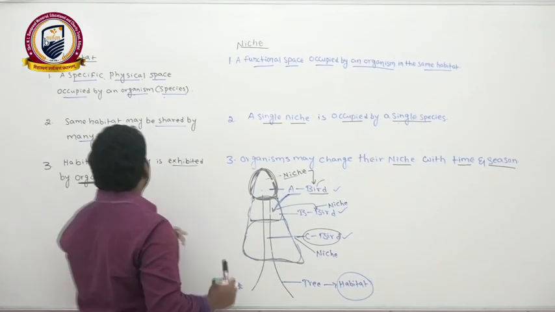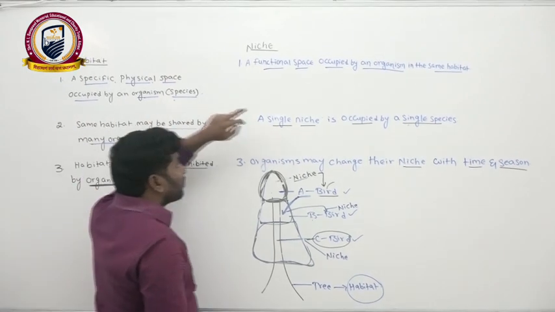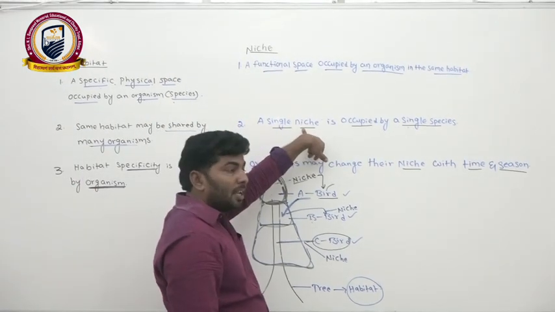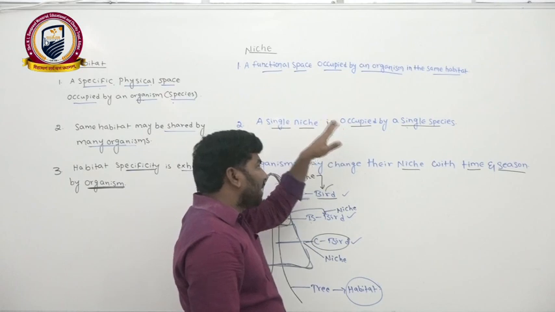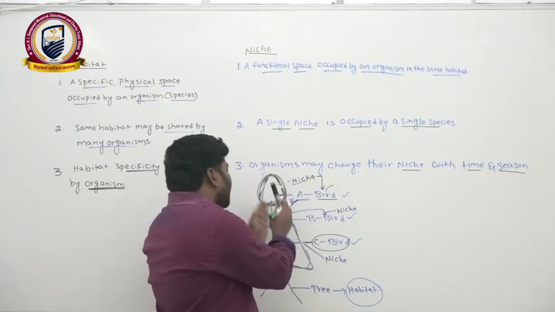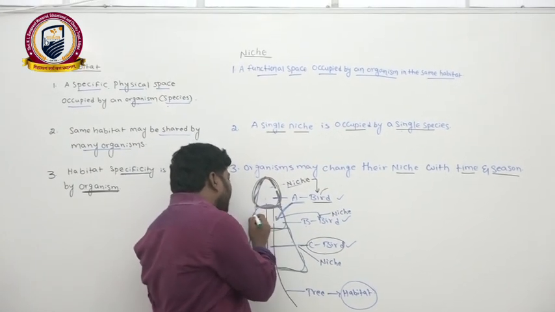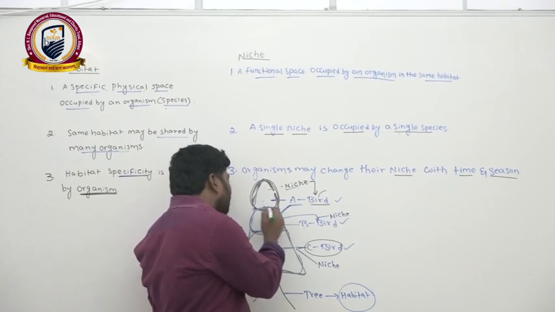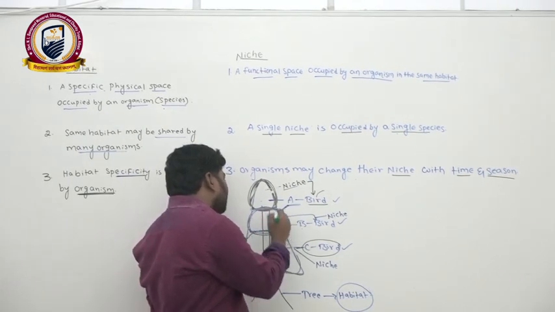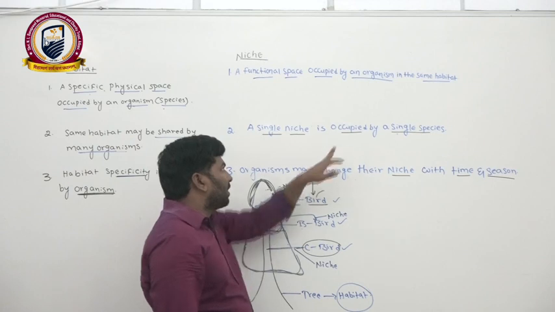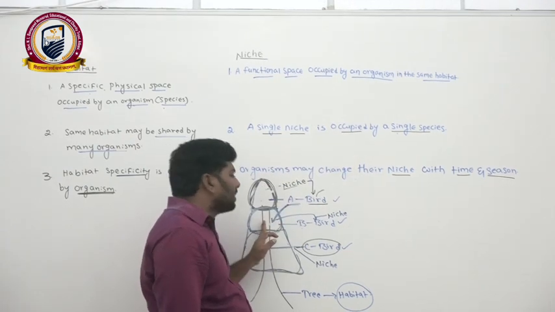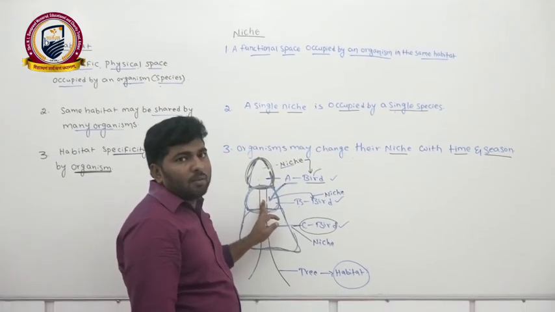Sir, you told us that the same type of organisms will not be present in the same niche. Sometimes they may share the same area for both works, meaning two varieties of birds share the same area to get their food.